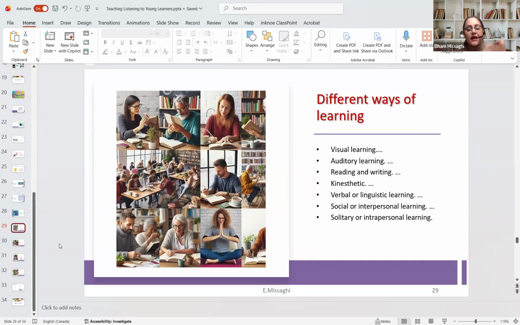Or maybe I get audio. What about reading and writing learners? They need to take notes, fill in the blanks, answer questions, read the instructions. This is the way they learn. What about kinesthetic learners? Hands-on, like games, role play, acting. So consider all learners.